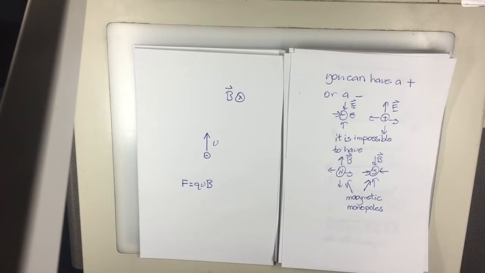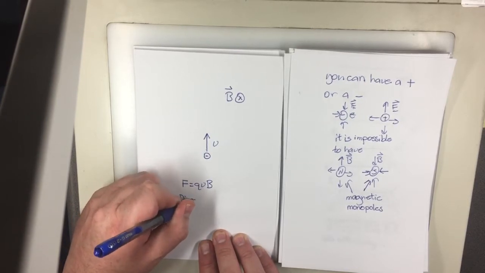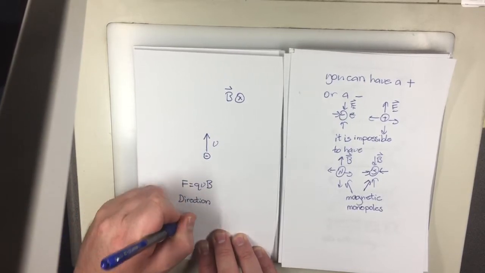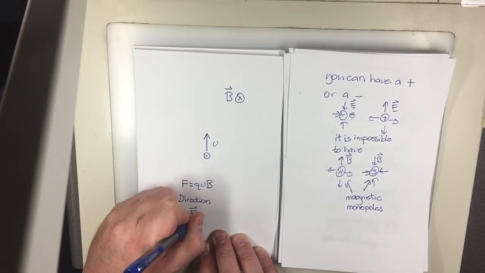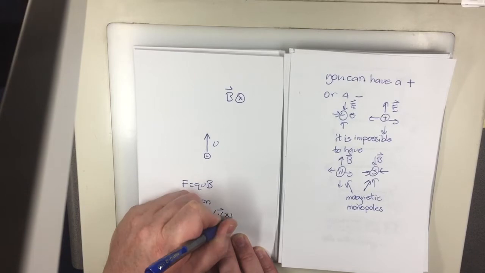Multiply those three things together and you get a force. The direction, and I only use this for figuring out directions, F vector equals Q V cross B.